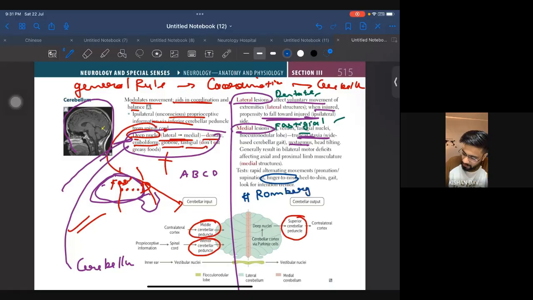Does anyone know what is Romberg test? Susti, Sherin, do you know what is Romberg test? Okay, I'll tell. Patient will be asked to close his eyes. Susti, you won't be able to continue. Continue, बोलो.